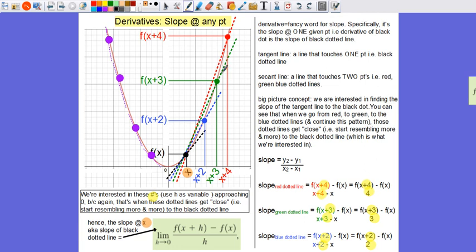The slope of the green dotted line is less far off, and the blue comes yet again closer to the black dotted line. So long story short, the closer we get from red, green, blue to the black dotted line, the more the slopes start resembling the black dotted line. That is really the theme of this whole slide.